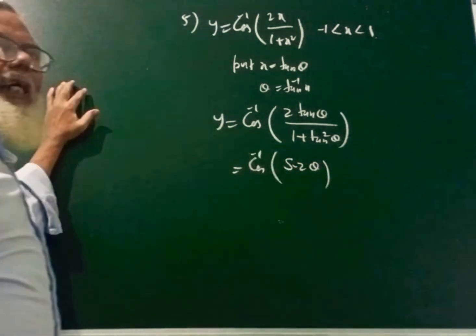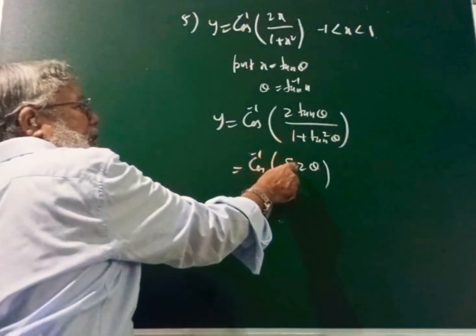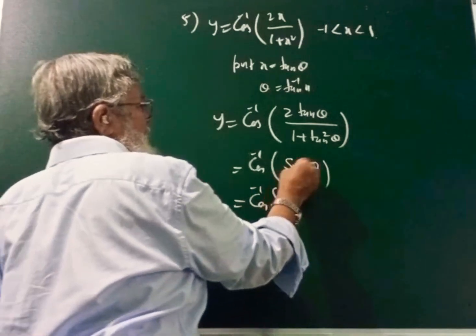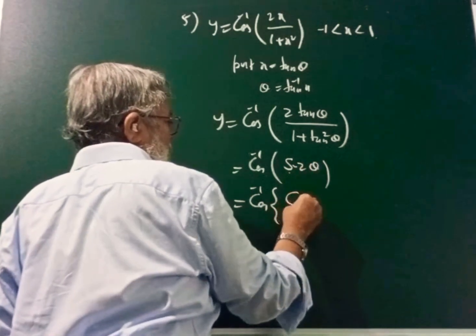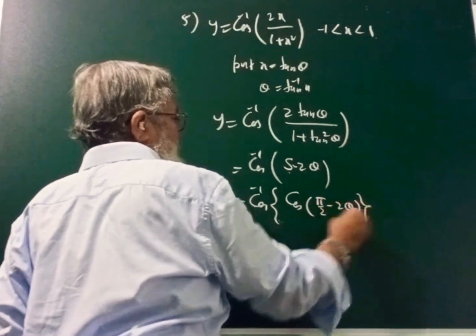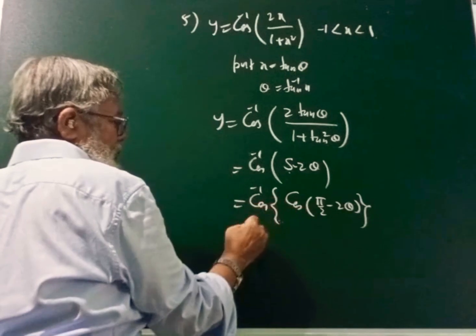Again here also we cannot cancel cos inverse with sine. Therefore we have to convert it into cos. So how do you convert it? Sine 2 theta can be written as cos of 90 minus 2 theta. Cos of 90 minus theta is sin theta. The value remains the same, it is in terms of cos also.